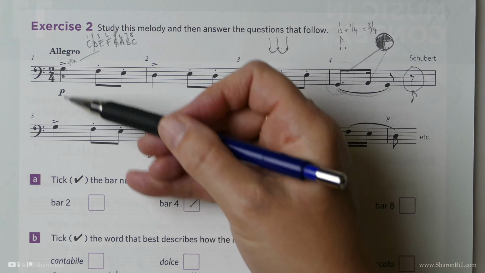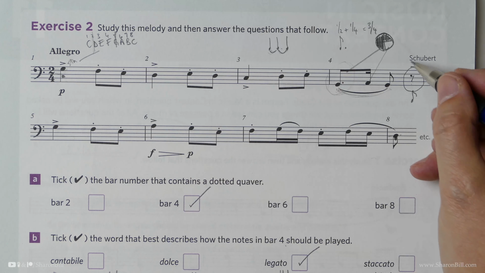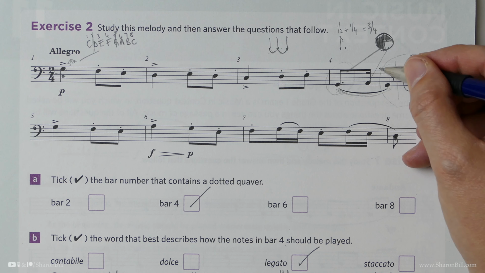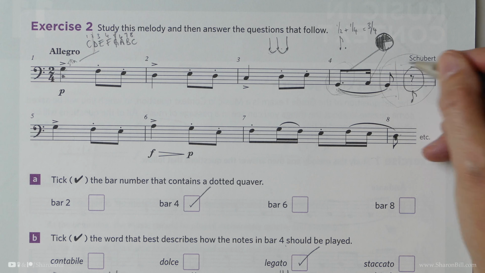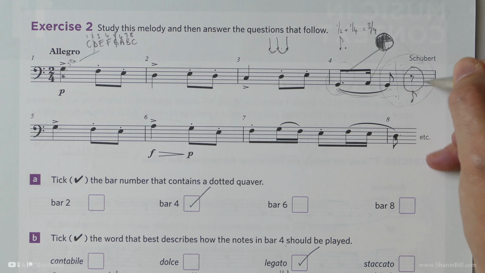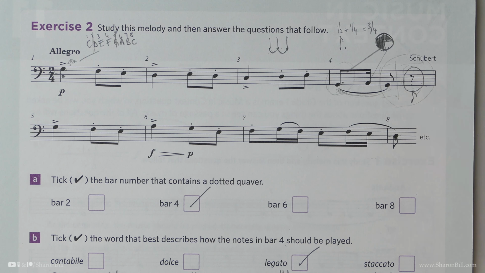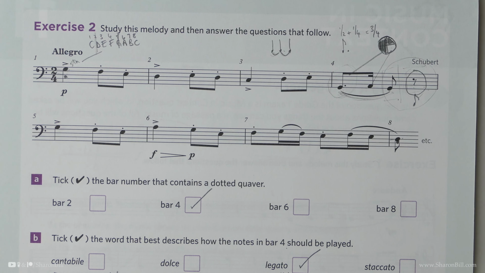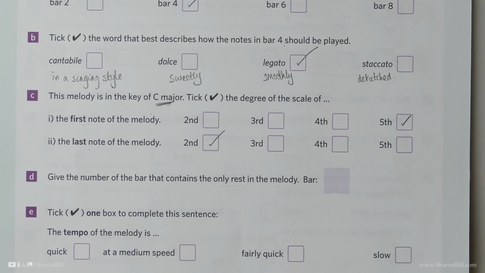And so we can see there should be 2 beats in a bar. Beat 2 is half a beat of note, half a beat of silence. This note is cut short and the last part of the bar is silence. And so we can say that it's bar 4 that has the rest.